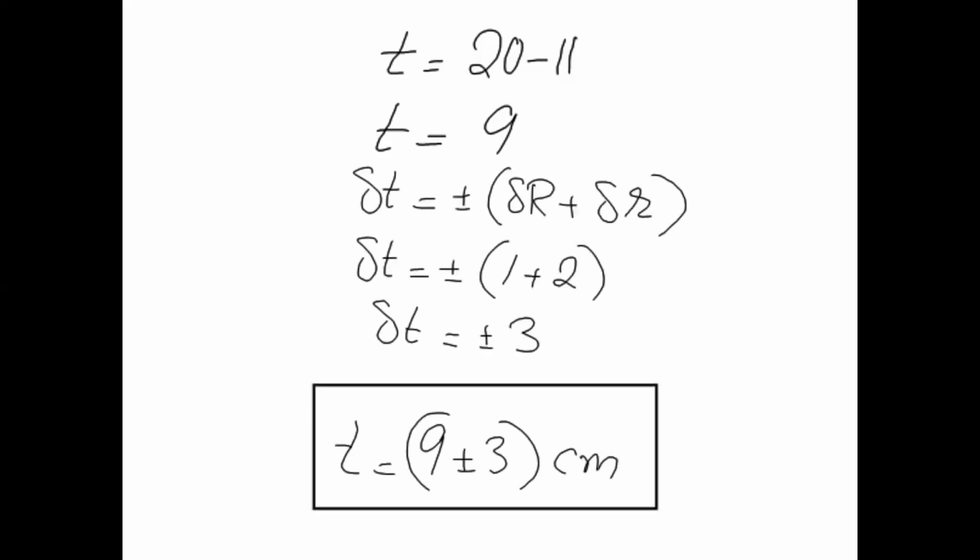Now, look at the second step. Delta T, delta is a symbol for uncertainty, delta R plus delta small r. Uncertainties are not subtracted, they are added. In the final answer form, you have to combine them and write them together. You have to copy this working.